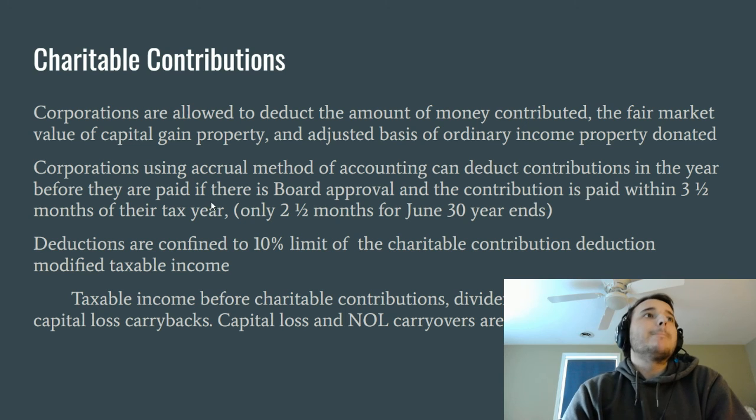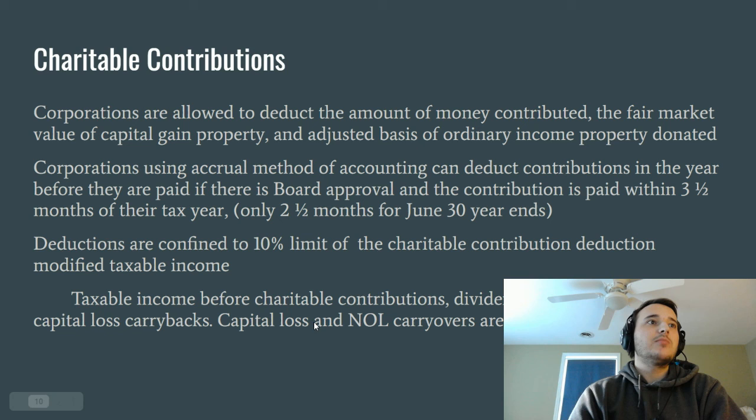And that is going to be the big thing that you will need to know. The modified taxable income is taxable income before you deduct charitable contributions, dividends received deduction, and capital loss carrybacks. But capital loss and NOL carryovers will be deductible.